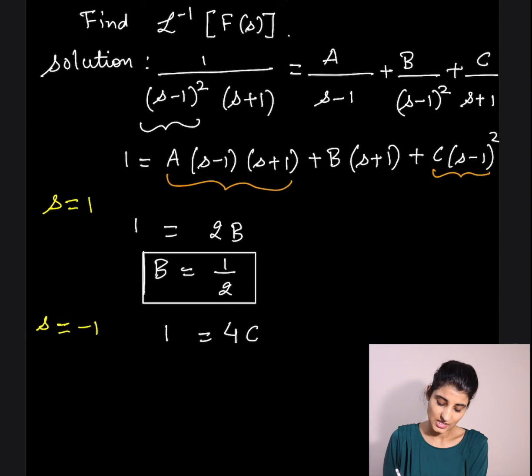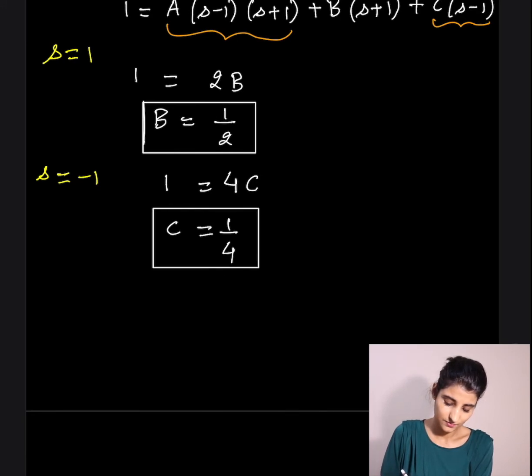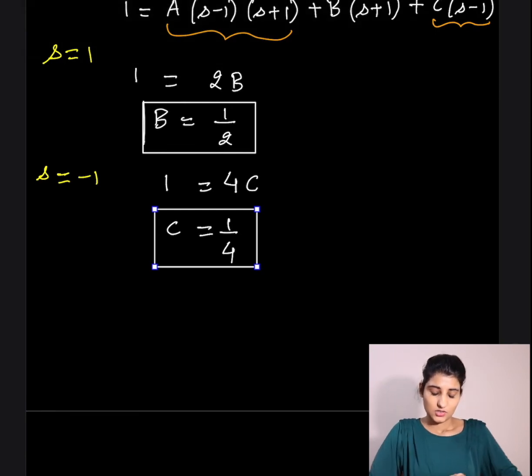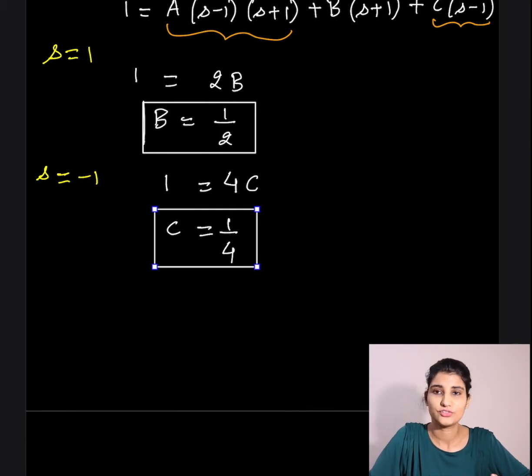So our C is equal to 1/4. So 1 and minus 1 were the obvious choices to make two of the terms equal to 0.